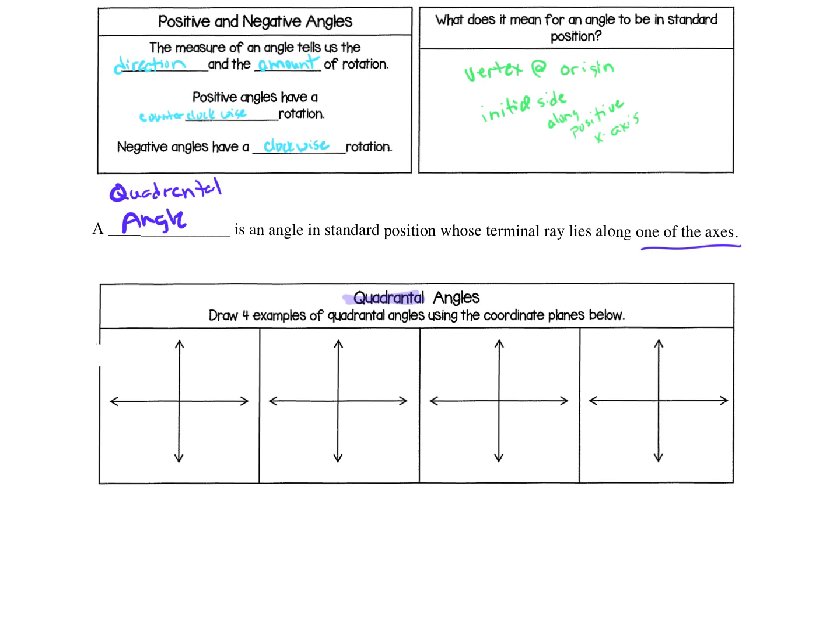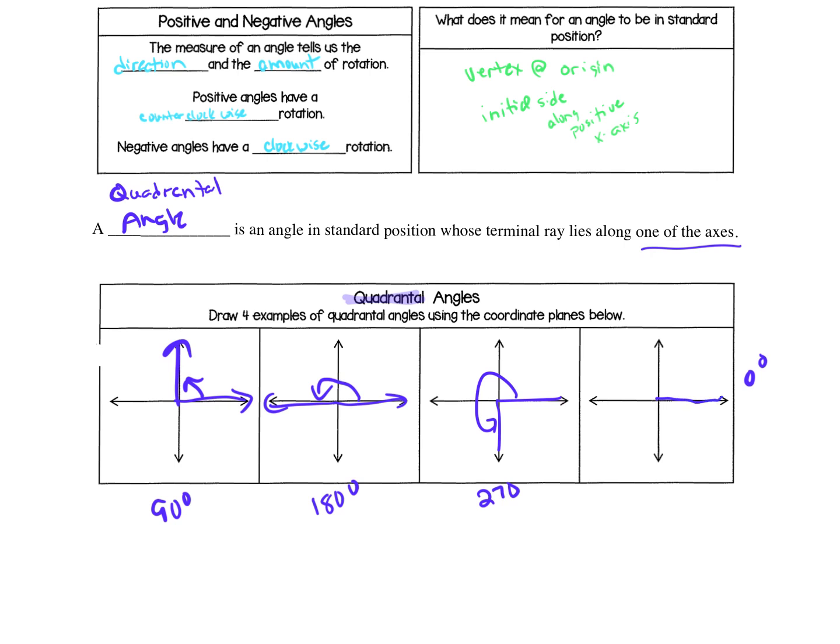So it's the 90-degree angle. It's 180 degrees. It's 270. And it can also be 0 degrees.